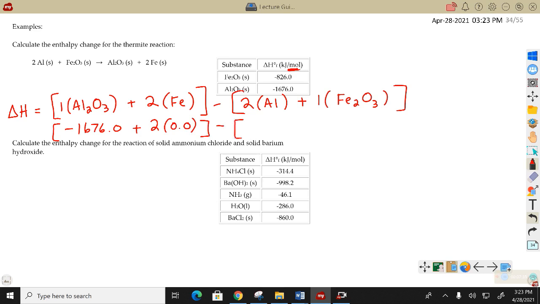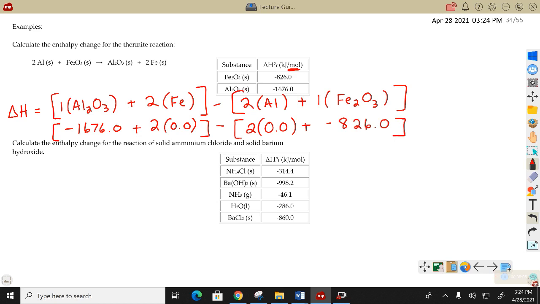On the reactant side, kind of similar. 2 times the aluminum, but it's a naturally occurring element, so there is no energy change when I'm working with aluminum solid. Oopsies, I'll put in a 0 right away. There we go, 0.0. Plus 1 mole of the iron oxide, negative 826.0. And there you have it.